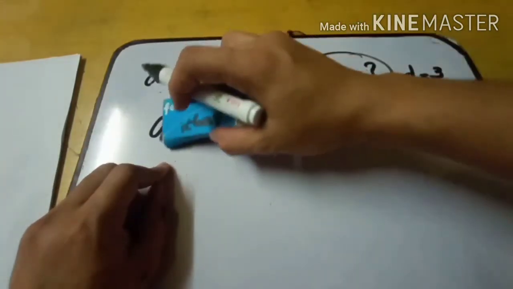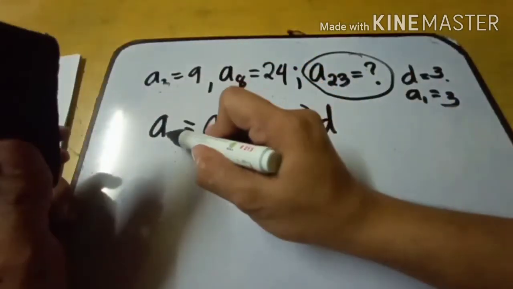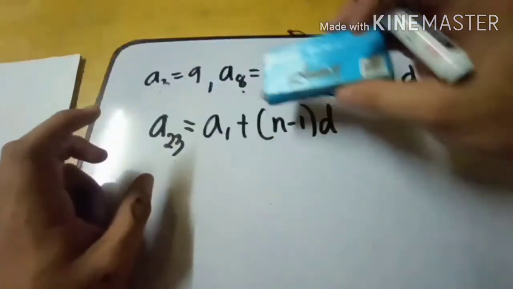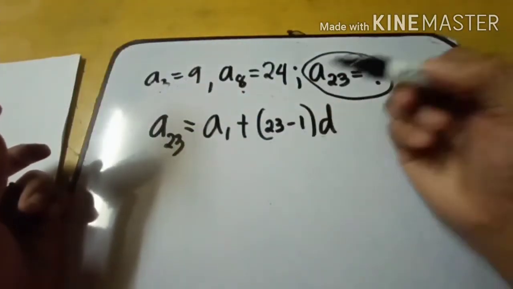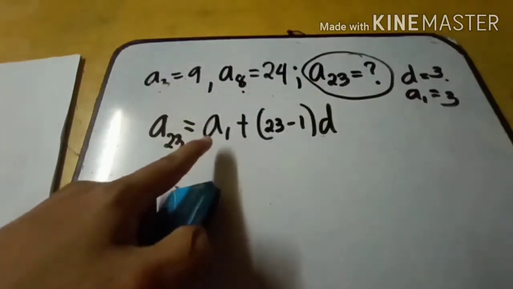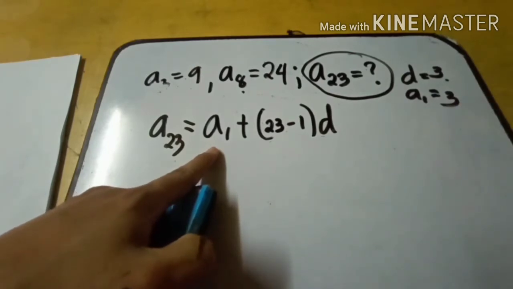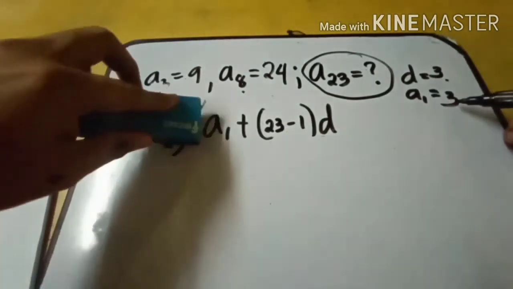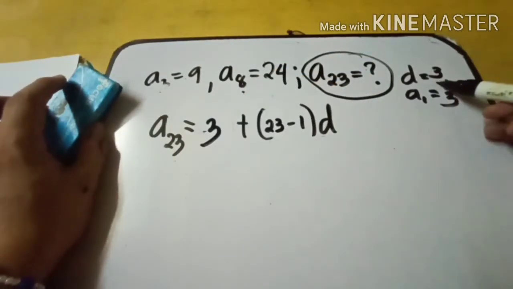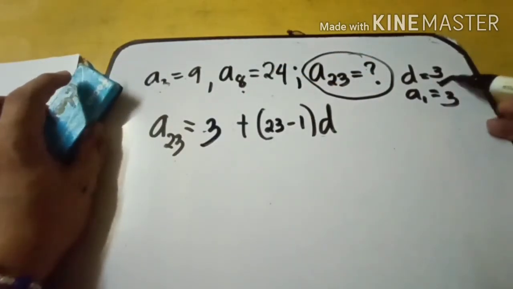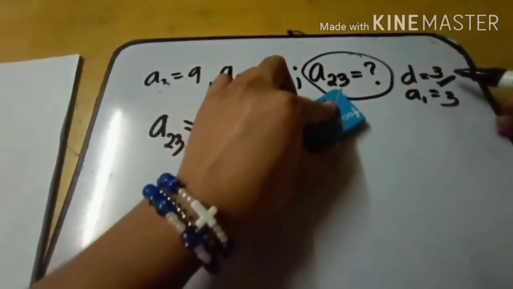So we substitute here 23, and the n here is also 23. Then substitute the value of a sub 1, which is 3. We have here 3. And for our d, we have here also 3. So we substitute here 3.